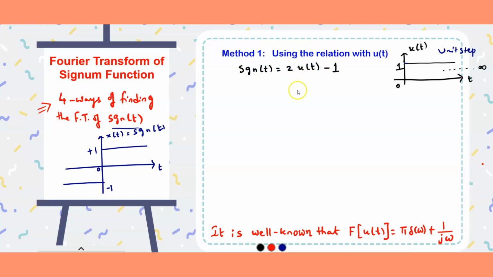So now you just believe that this formula is correct, and later I will show you the proof for that, because if I show the proof now it will interfere with the calculation. So just believe that this is correct, and then apply Fourier transform on both sides.